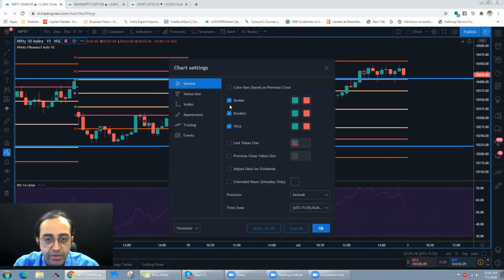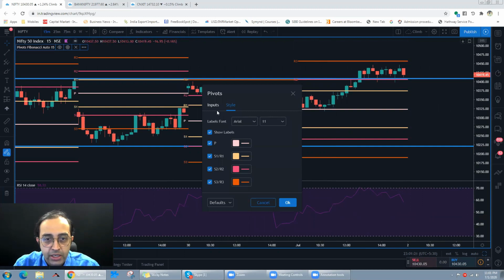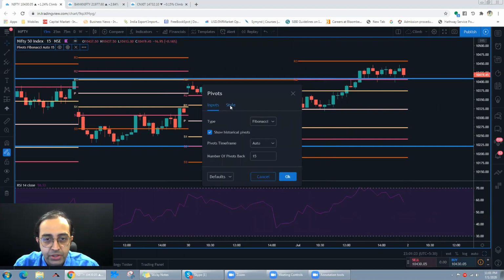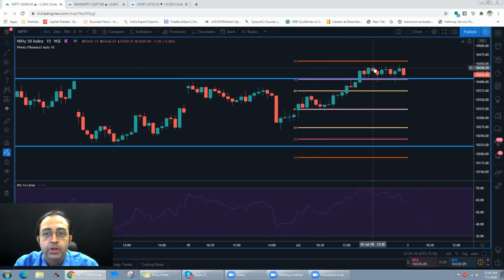Let me just turn off the historical pivots. You can see here that the day began well, and you can see the continuous move to the top, and it has now broken above the upper end of the channel as well.